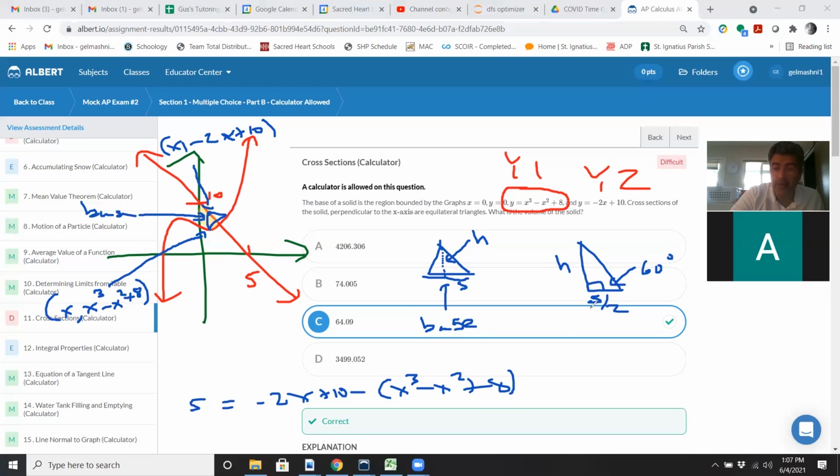Now the height, if you know your ratios well, is going to involve root 3, because this is s right here. So the height here is actually going to be s root 3 over 2. Okay, so I could throw that expression in for s.